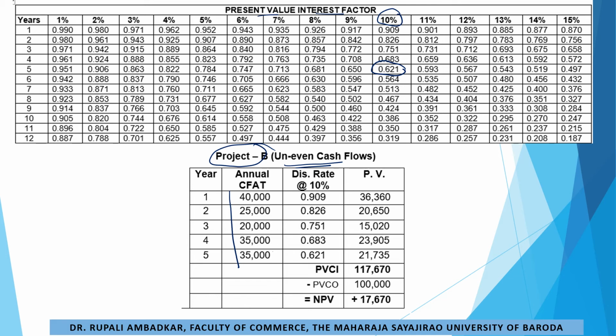So if you are going to receive 35,000 at the end of the 5th year, we multiply 62 paisa by 35,000 to get the present value for the 5th year. In this way, we calculate for each of the years and sum it together, and then we deduct our outflow of 1 lakh from this inflow to find the NPV of project B, which is positive 17,670.